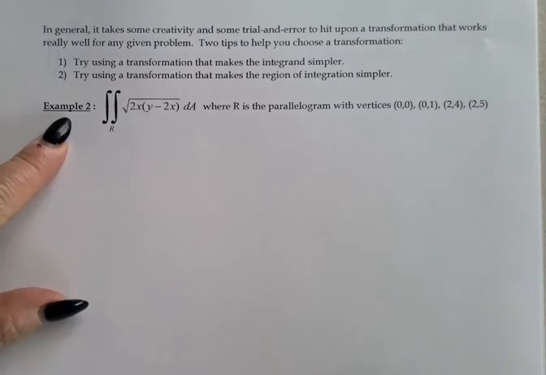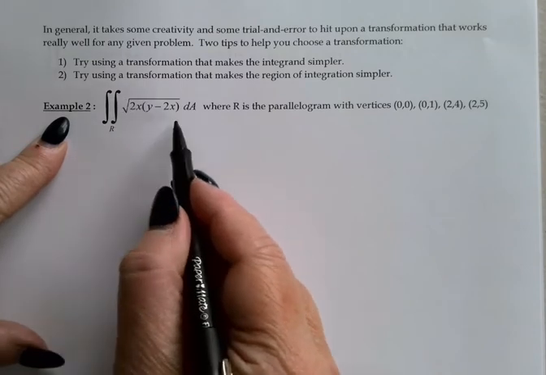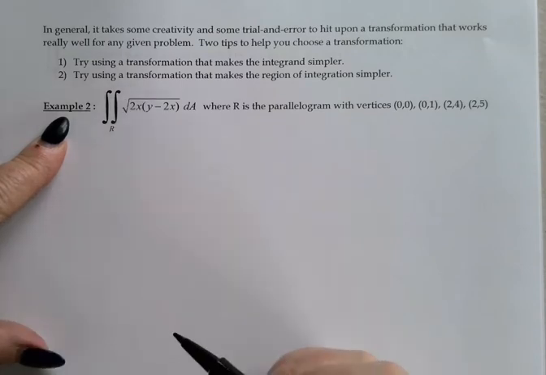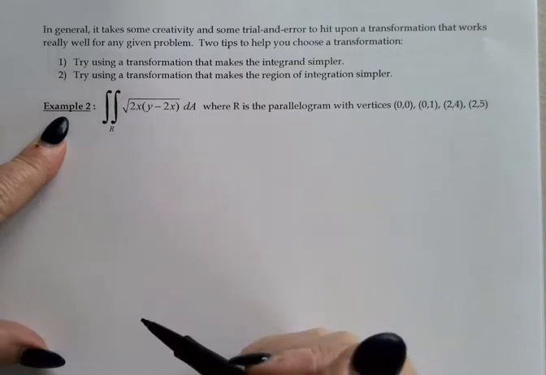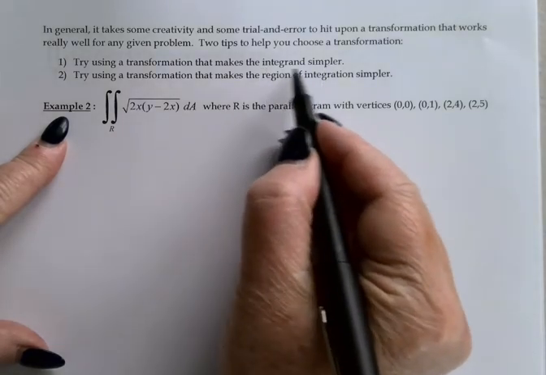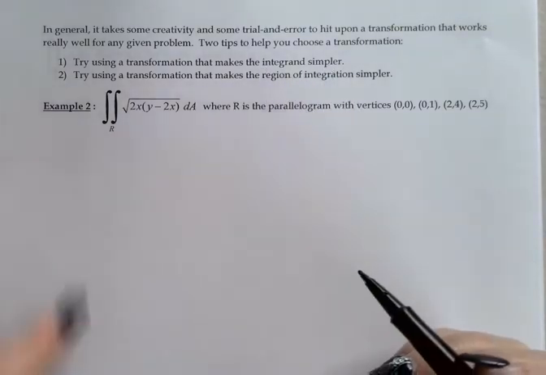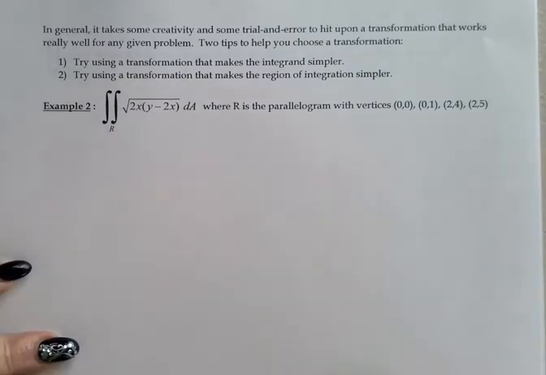In example 2, you can see already that the integrand itself is not an easy integrand to work with. I couldn't do just a standard u substitution and have this work out well for either x or y. So I think I'm going to concentrate on making my integrand simpler here. Under my radical, I have two factors.